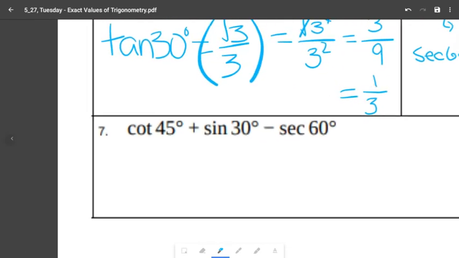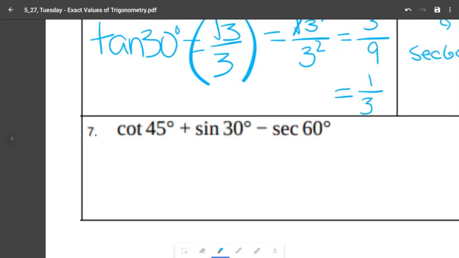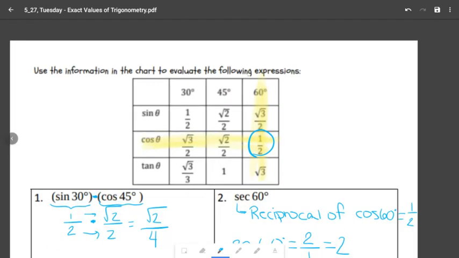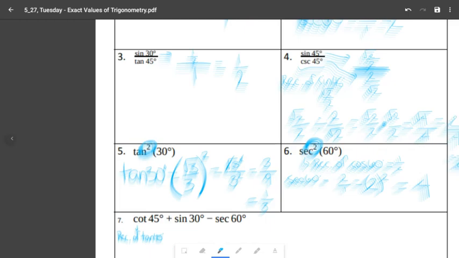Last question. Cotangent 45. This, remember, is the reciprocal of tangent 45. So going to the table, tangent 45 is 1.